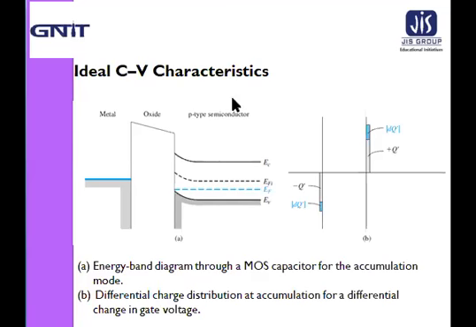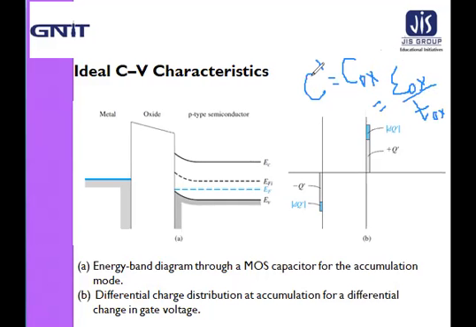We can write that at the accumulation mode, C prime equals COX equals epsilon OX by TOX.